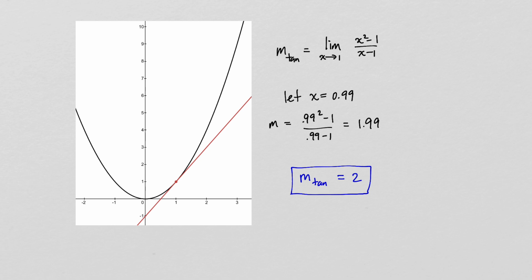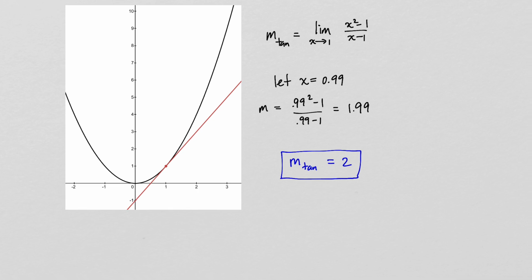Now let's remember at the beginning they asked us to find the equation of the tangent line. So once we figure out that the slope of the tangent line is 2, we can find the equation of the tangent line by using the point-slope formula of a line, which is this formula here. And again, we know the point of tangency is the point 1, 1. And now we know the slope of the tangent line is 2.